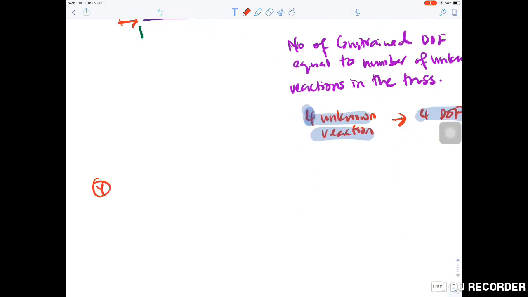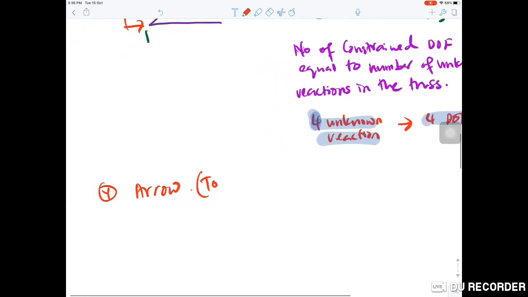Step number 4 is the arrow. We need to put the arrow in order to identify the near end and far end.